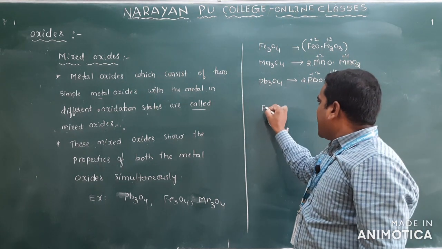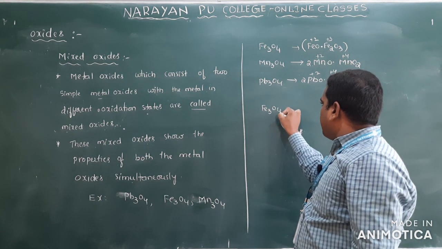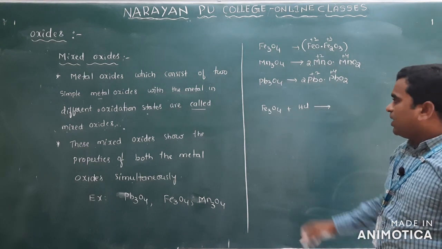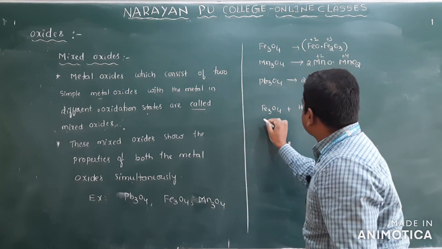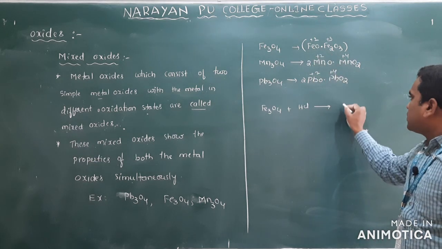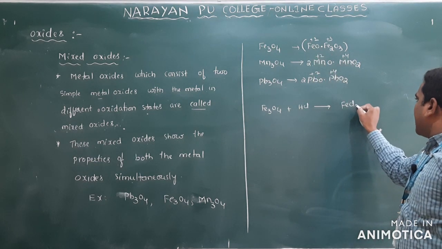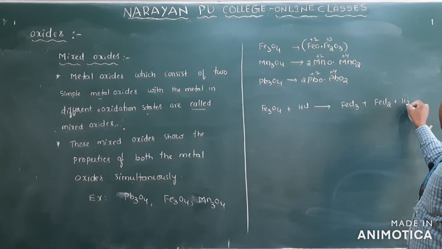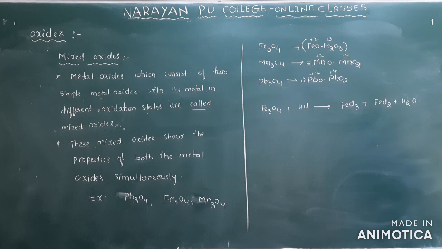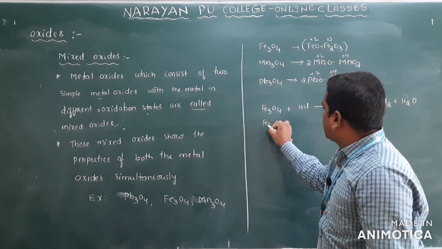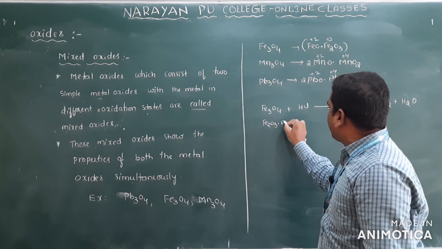Suppose I write Fe3O4 and treat this with HCl. Fe3O4 has Fe2O3 and FeO also. So when it reacts, it will give FeCl3 plus FeCl2 plus H2O. Now take Fe2O3 and FeO.